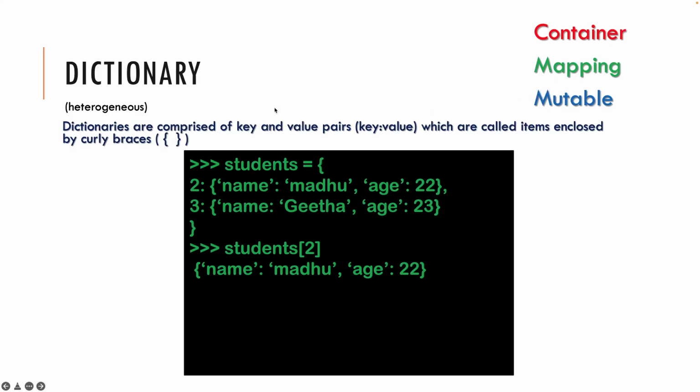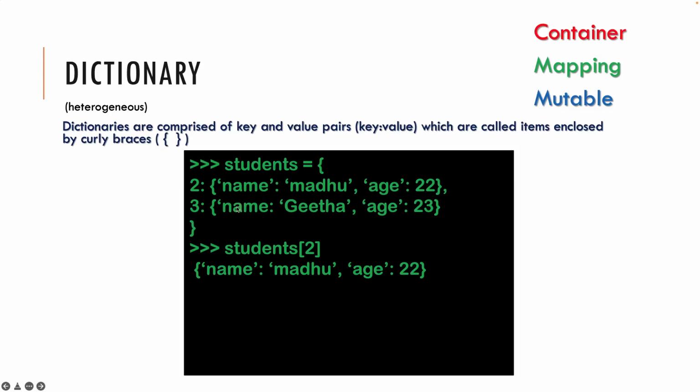These are very special data types where you can store mappings, just like the language dictionary we have, where we find the meaning for each word, where we find the corresponding word. Corresponding words are listed there in the dictionary. Likewise, we can store values associated with keys, where keys act as anchors.